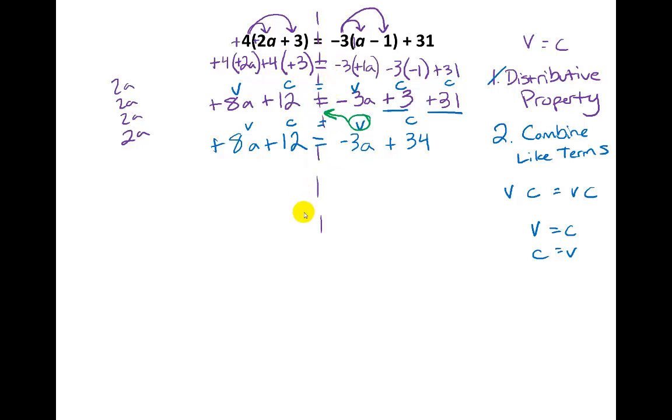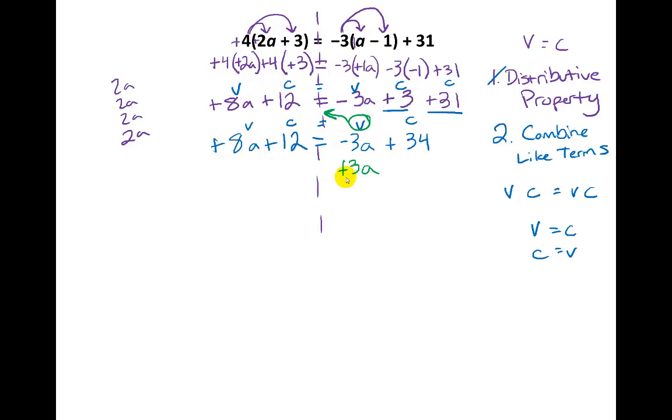When we move across the equal sign, across this line that divides our left side from our right side, that's when we have to do the inverse. We have to do the opposite. So the opposite of a negative 3a is a positive 3a. If I'm adding this 3a to the right side, I have to add 3a to the left side.